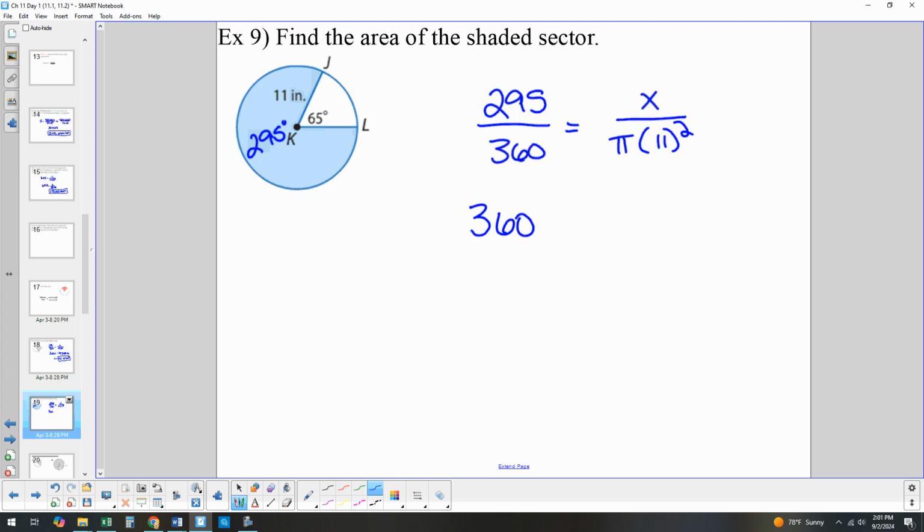So let's cross multiply 360 times x and 295 times 121 pi. And now we'll divide by 360. So we get an area of 311.4976, so about 311.50 inches squared.